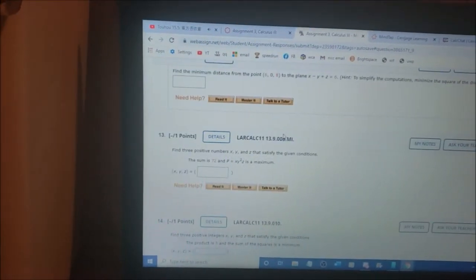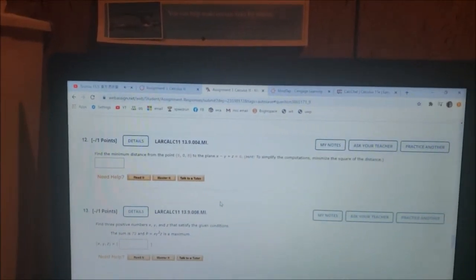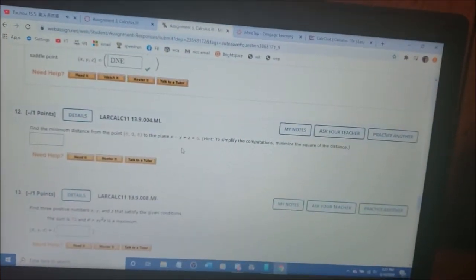In the other questions, they don't give you the function, but they give you a word problem, and from the word problem, you have to come up with the function and then find the extreme values. So basically, that's what I'm doing for 5 more questions. Hopefully, it shouldn't be that bad to do.